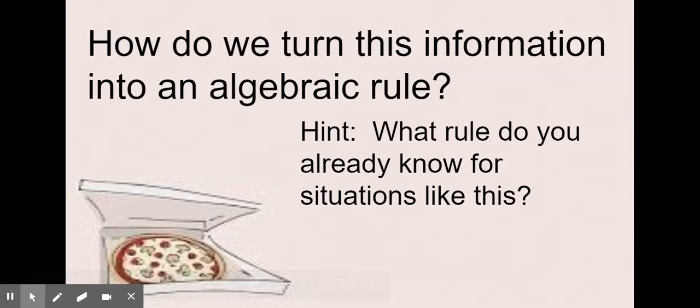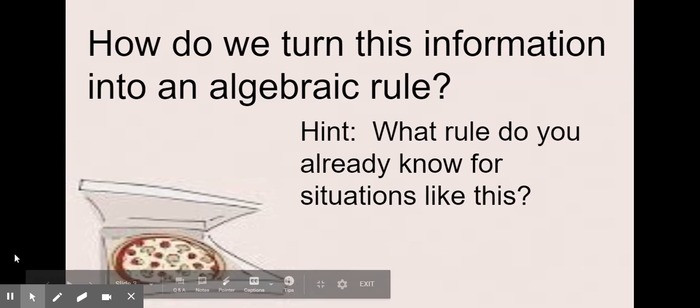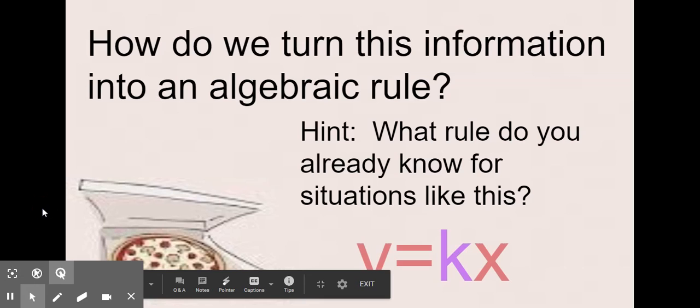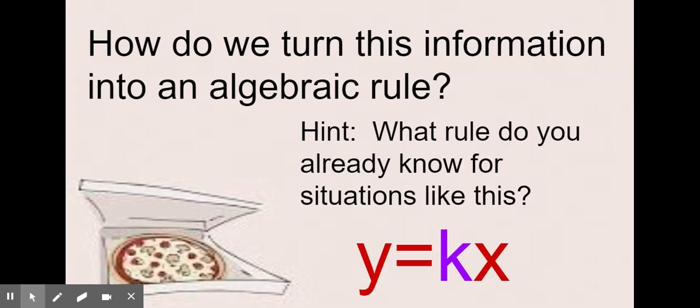So now we need to ask ourselves, how do we turn pizza and money into algebra? And we already have a rule that we have learned for proportional relationship situations. And that rule is y equals kx, where k is the unit rate, k is the constant of proportionality. So we are now going to look at how we can turn that table into an algebraic rule.